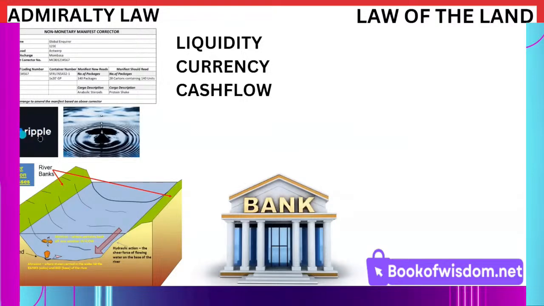And as you can see here, Ripple, the cryptocurrency, Ripple, water ripple, and they're building a bridge over water, overseas, international banking with cryptocurrency. So money is water, and this has specific laws about water, but water is the same everywhere, you see.